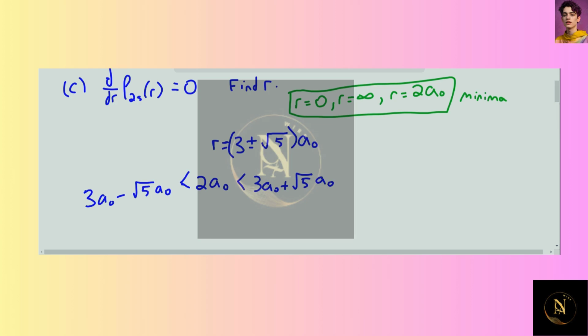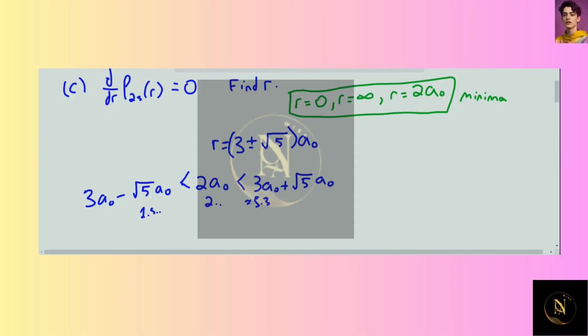Because this is 1.5 something roughly, this is exactly 2, and this is approximately 5.3.